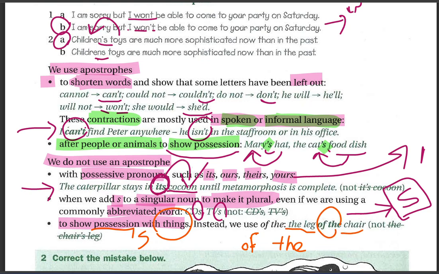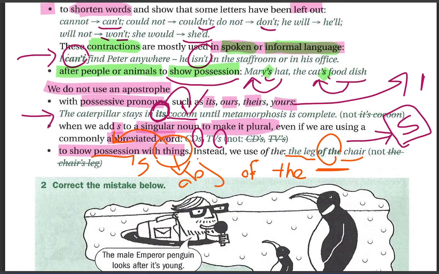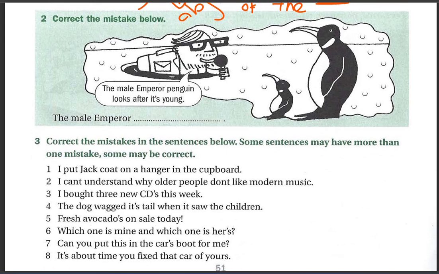We don't say chair's leg. So when it comes to things or objects, when you want to show possession, you don't need to use an apostrophe. You can easily just use of, the. Great, very well. Let's go to the next part.